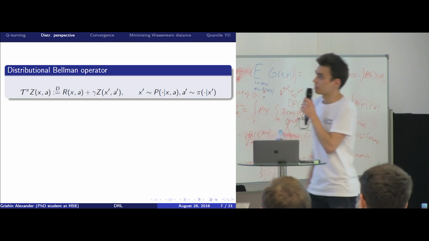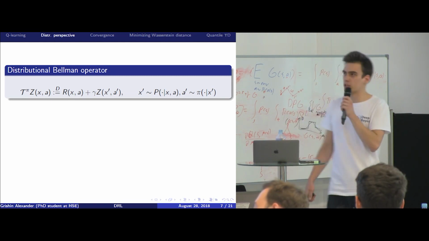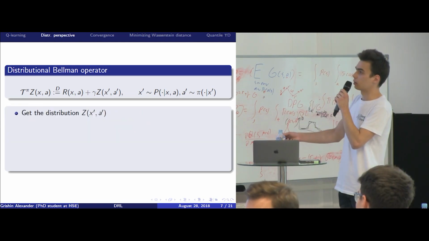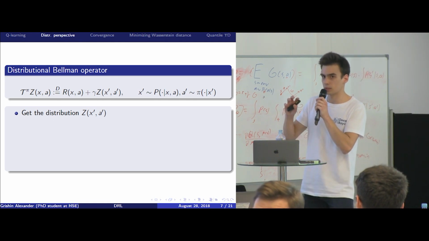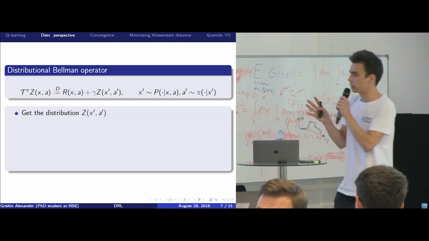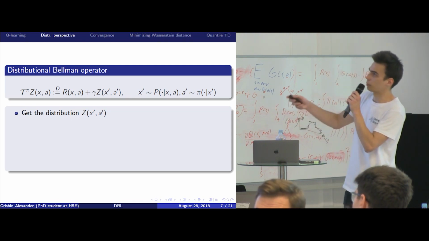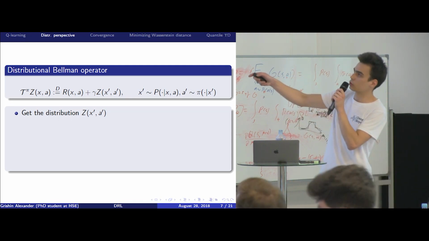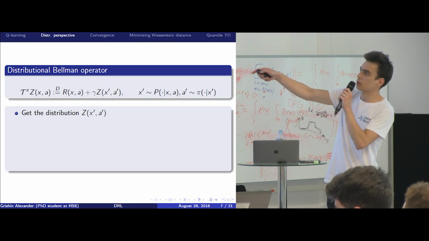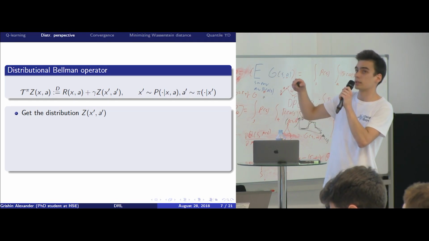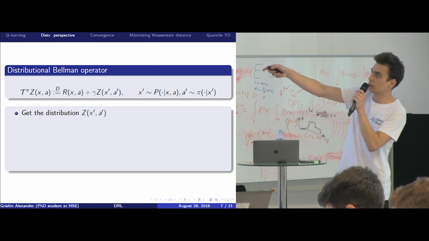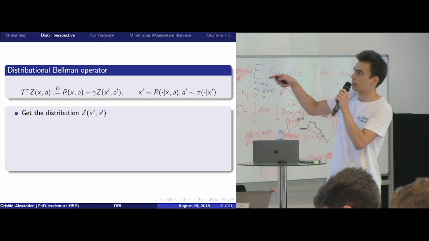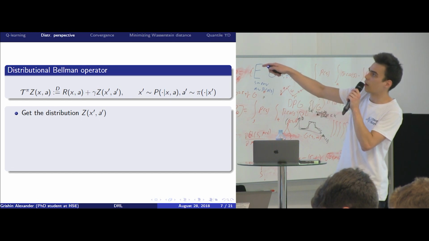Okay, so what happens here? How does this transform work? In fact, you should see that this function is the distribution, but x prime and a prime are variables too.